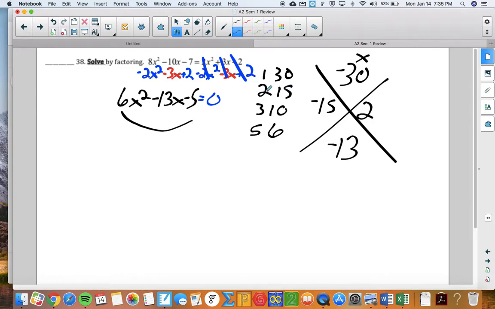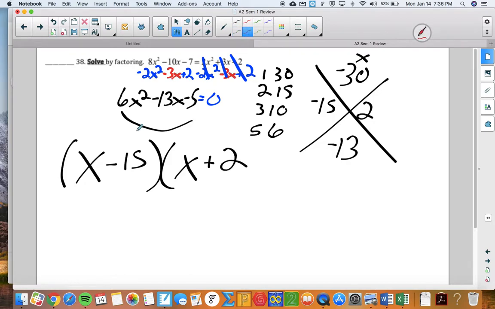Maybe look at other ways, and because I made my lists, I got a little creative and saw that 2 and 15 work, or 2 and negative 15. So we're going to write x minus 15 times x plus 2, because it's a positive 2, but we are going to divide them by our coefficient of a, which is 6, and then we simplify those fractions.